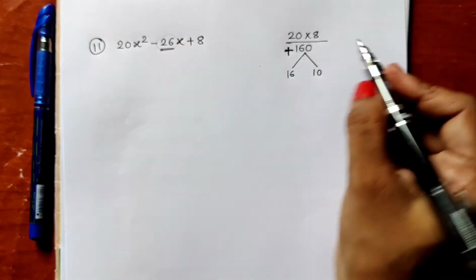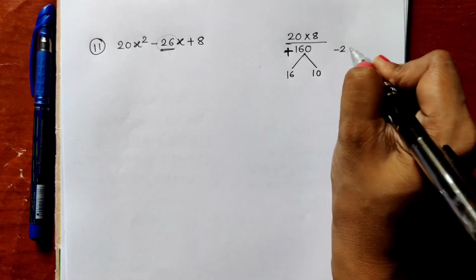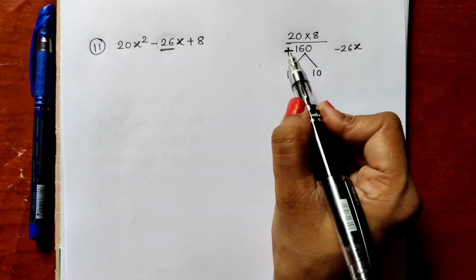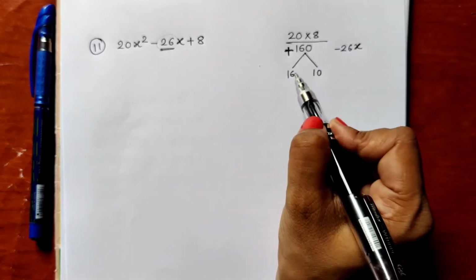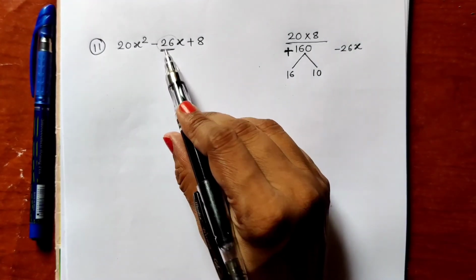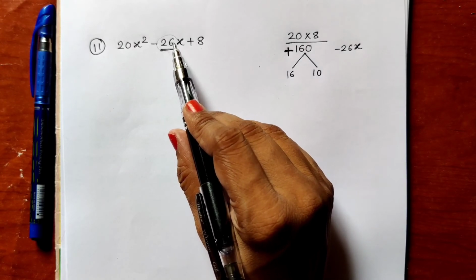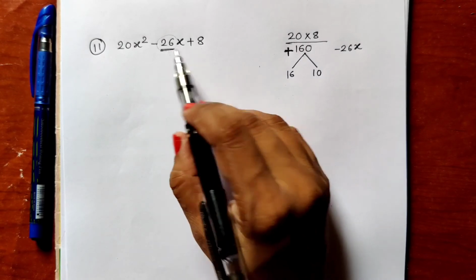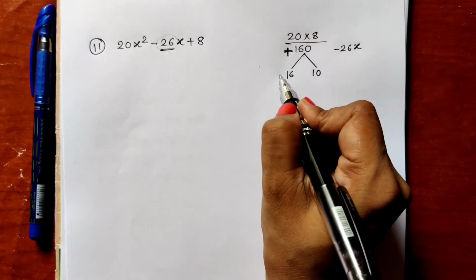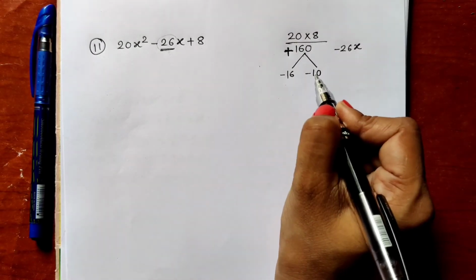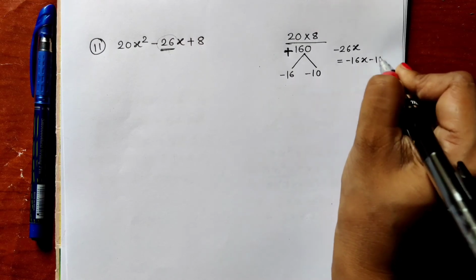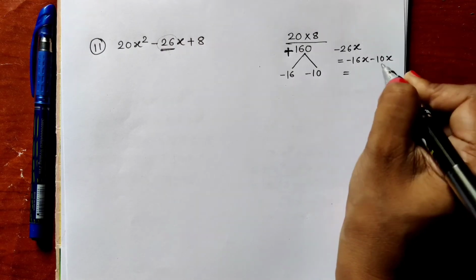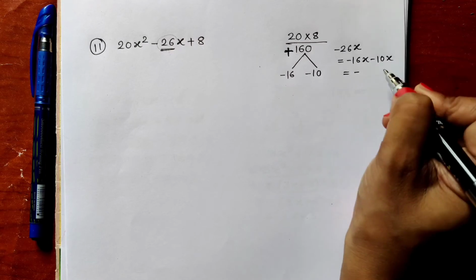We require minus 26 as the answer, minus 26x. When we get two factors of this term whose addition is the middle term coefficient, that time this middle term sign should be given to both the numbers, minus 16 minus 10. So 26x will be minus 16x minus 10x. Minus minus will become plus, but sign will be minus.